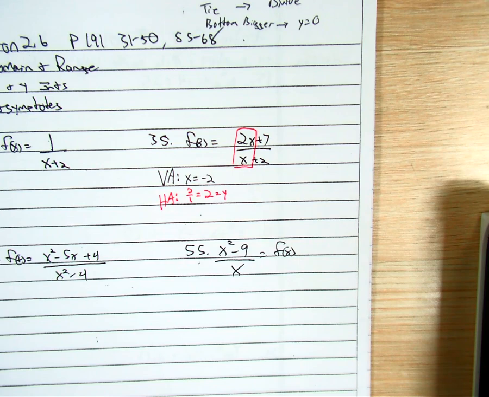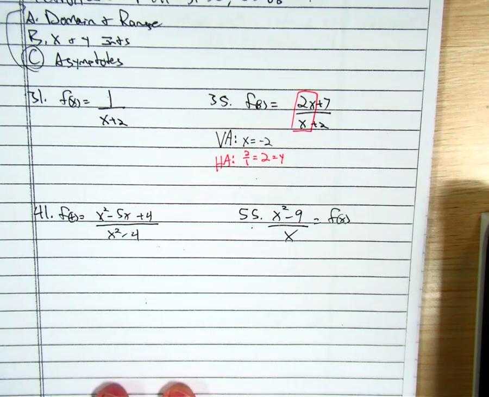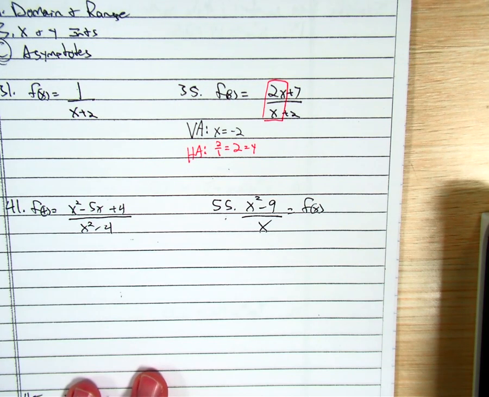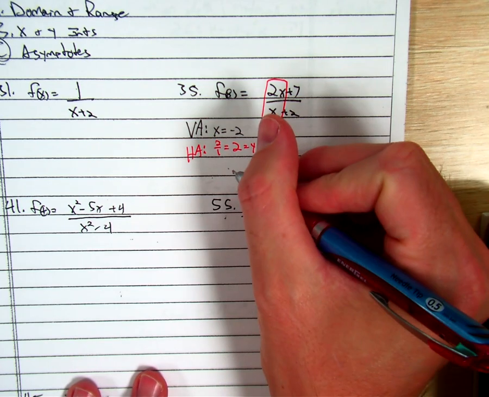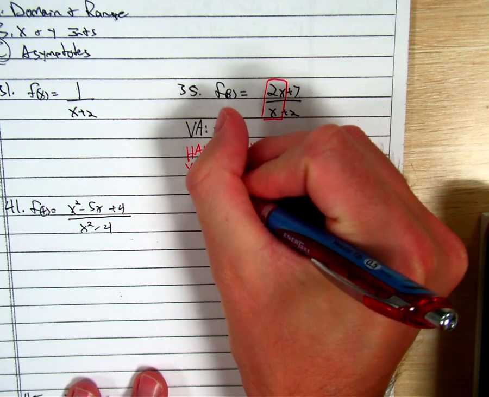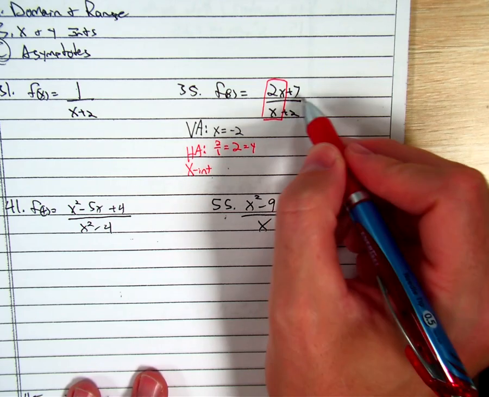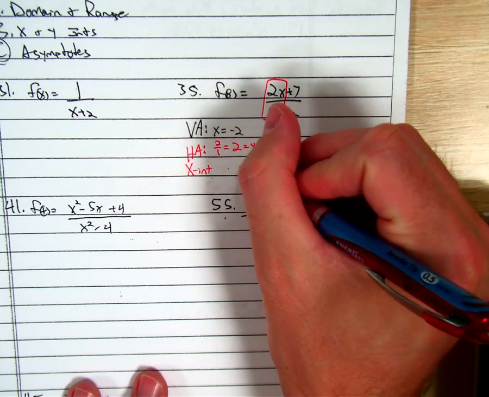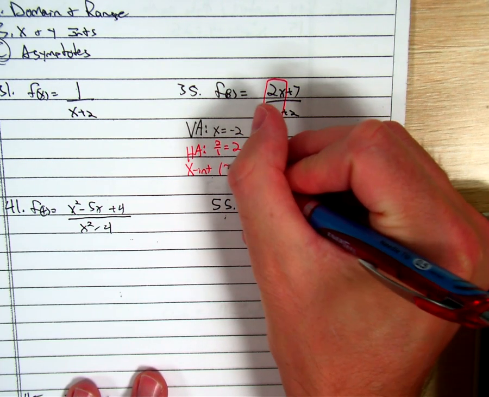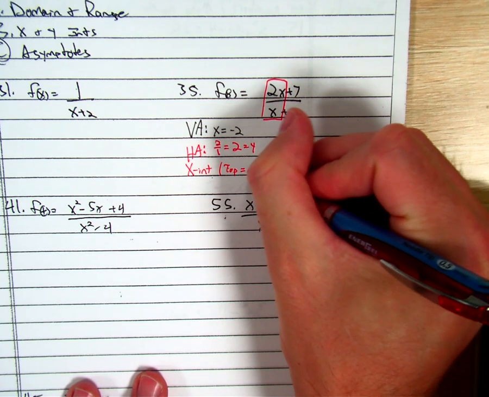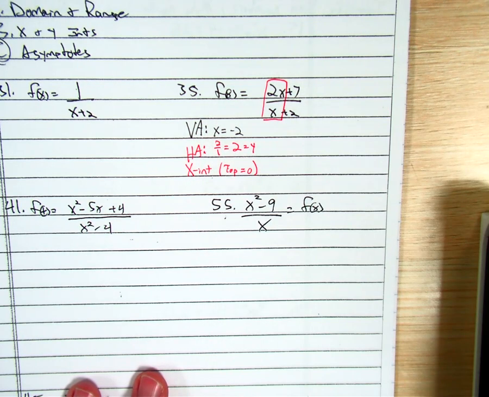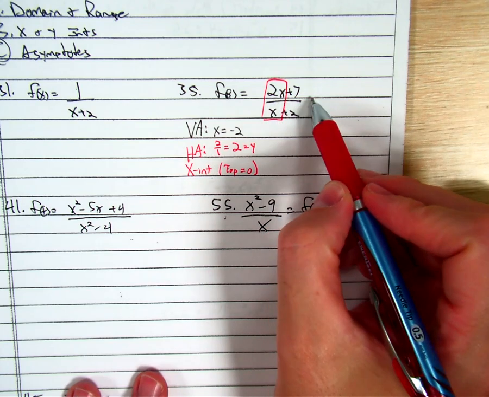Okay? X and y intercepts. X-intercepts are when the top equals 0. Okay, so 2x plus 7 equals 0.